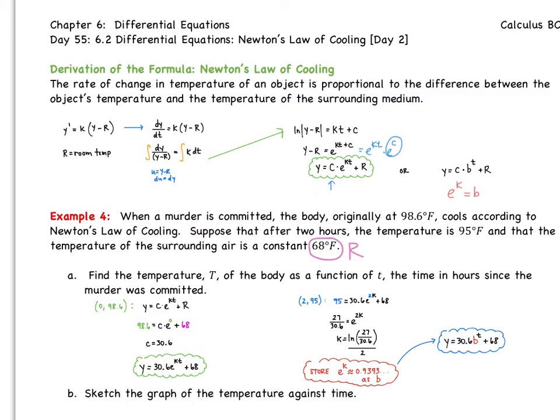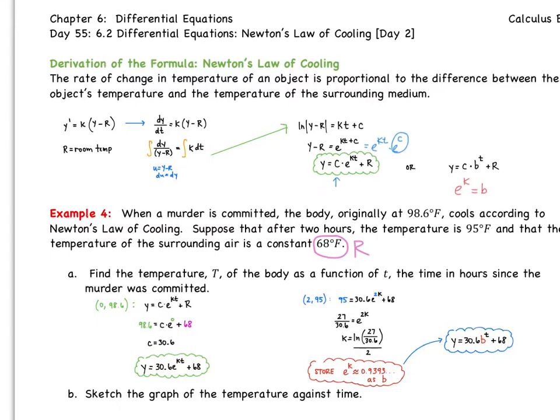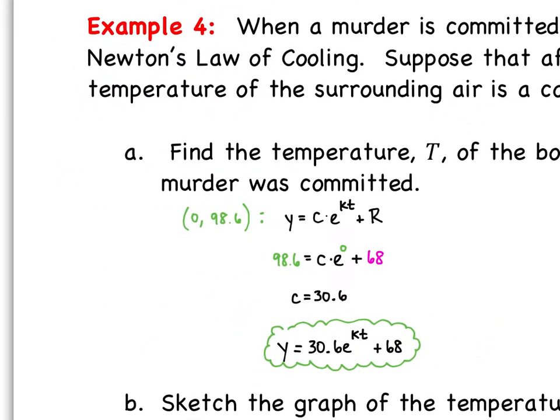So what we need to do is solve for our c and get our k. The first thing we're going to do is use the initial temperature of the body, the body originally at 98.6 degrees, to find our c value. So we plug 0 in for t, we plug 98.6 in for y, and r is 68.